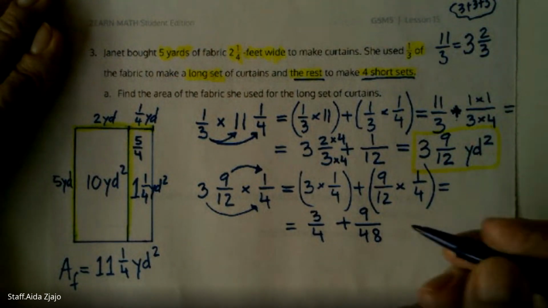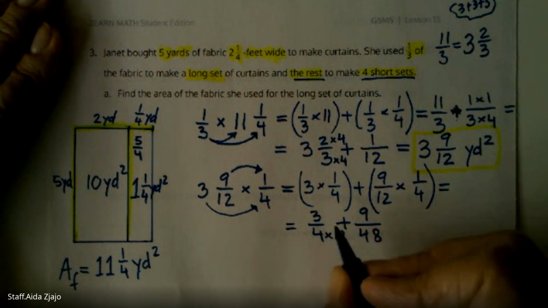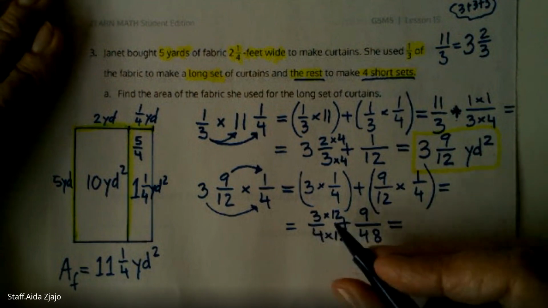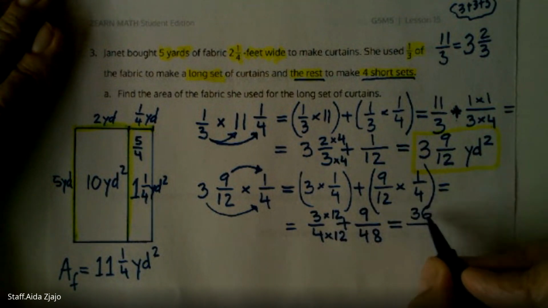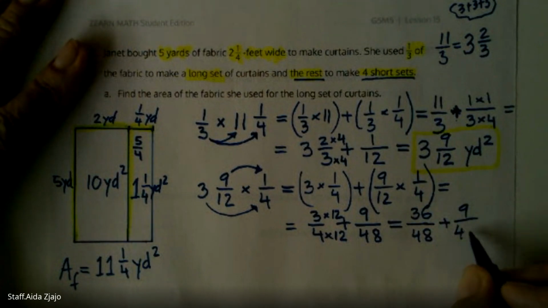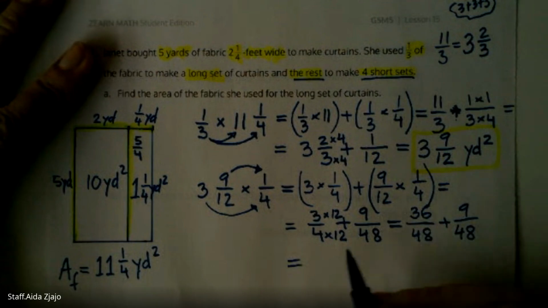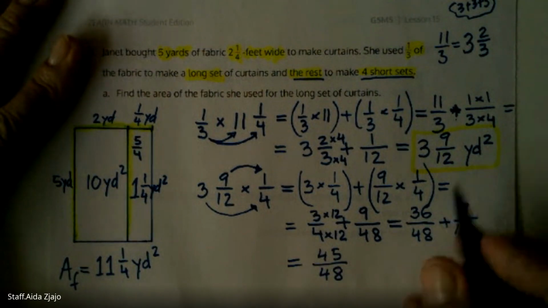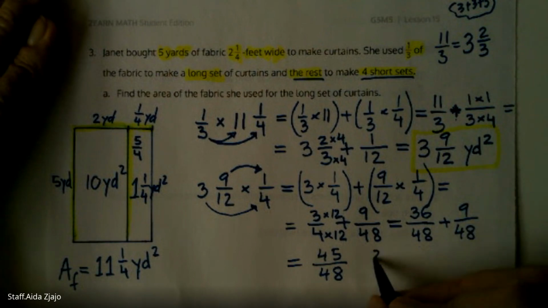So I need to change the fourths into 48ths, so times 12. 3 times 12 is 36, and 36 plus 9 equals 45, so 45/48. Yes, square yards. Okay, square yards.